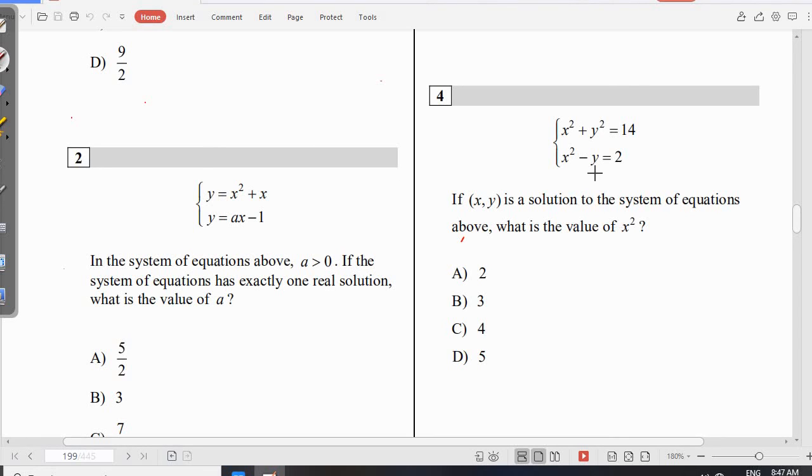But I think there was a problem while we were solving that. So let's see. X squared minus y is 2, so y is equal to x squared minus 2. Yep.